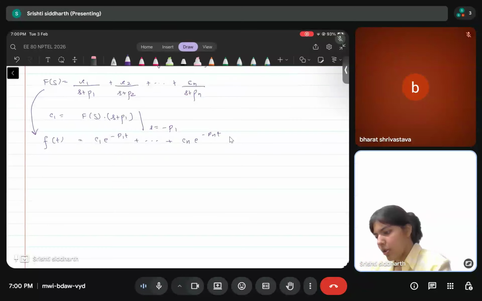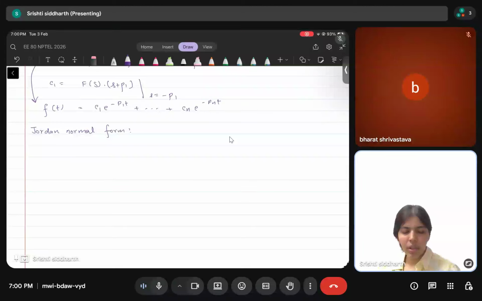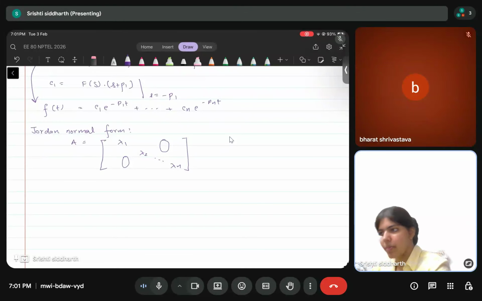Let's talk about the Jordan normal form, or the diagonal form. In this case, the A matrix simply looks like lambda 1, lambda 2 till lambda n, with zeros everywhere on the off diagonal terms.